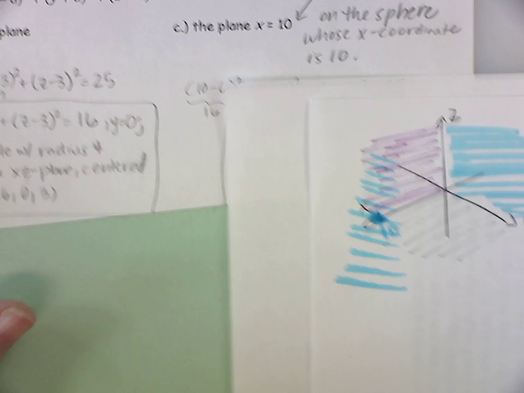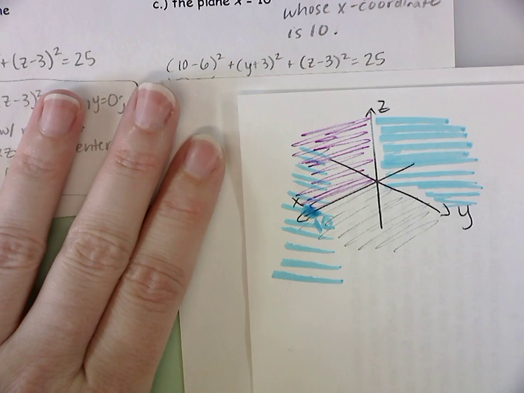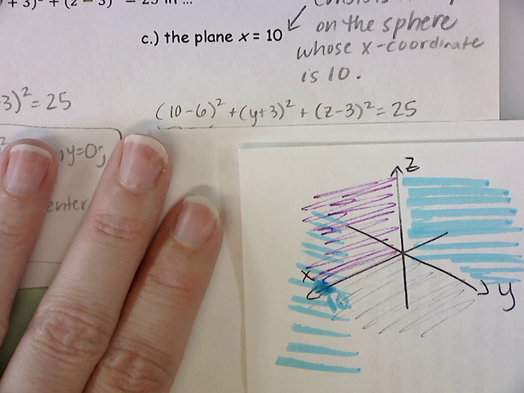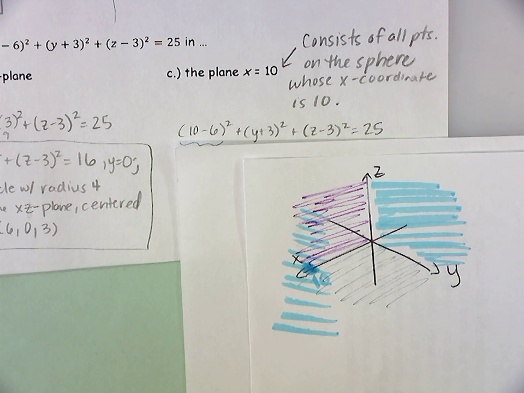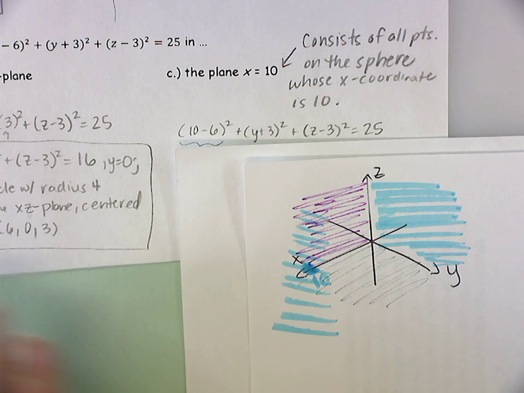So now, instead of plugging in 0 for something, we know x is 10. So we're just going to plug in 10 for x. And then we can go ahead and evaluate.